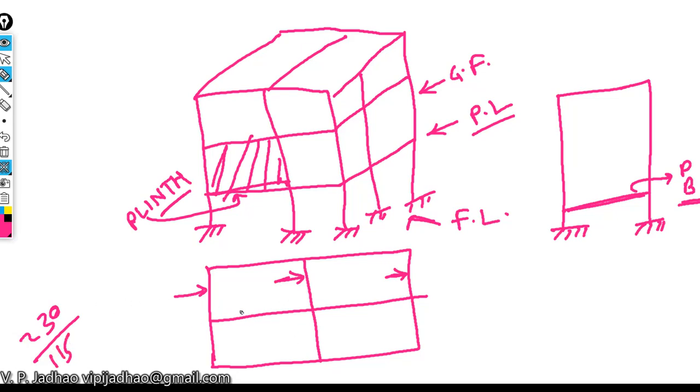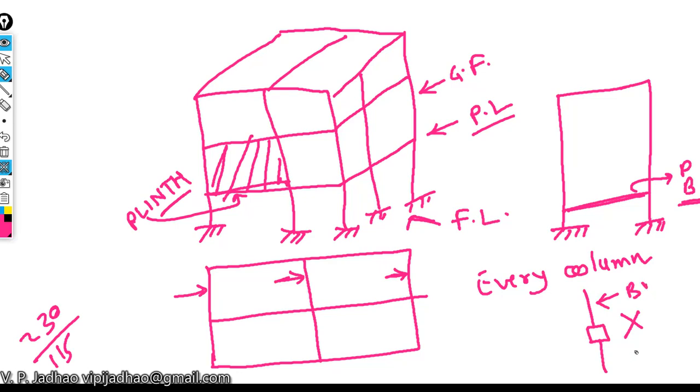Another requirement is that every column should be connected in a minimum of 3 directions. Let us consider if we have a beam like this, we have a column here, again we have a column here. This should not be done, because if you do this type of arrangement, this won't be stable. As far as possible this type of arrangement should be avoided.